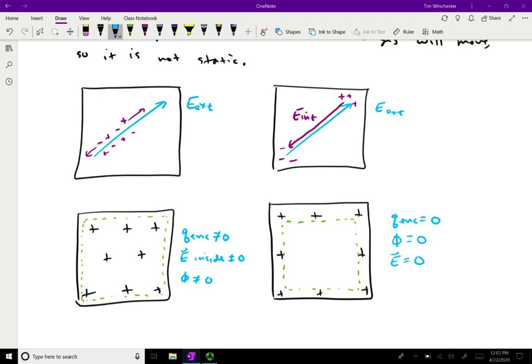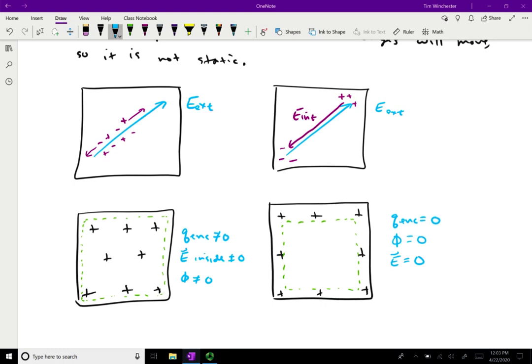So the fact that the electric field needs to be zero inside a conductor, in combination with Gauss's law, tells us that all of the charge inside a conductor needs to move to the surface.